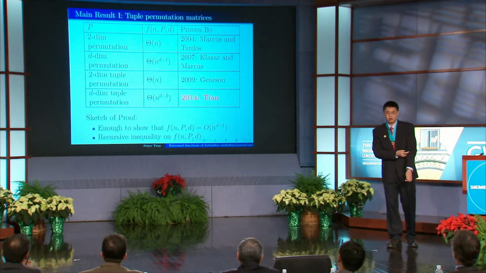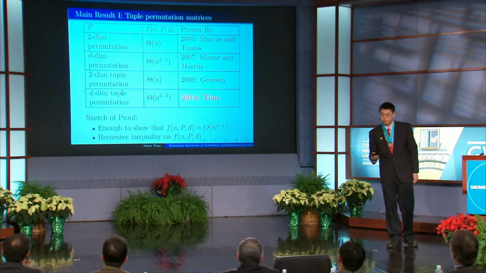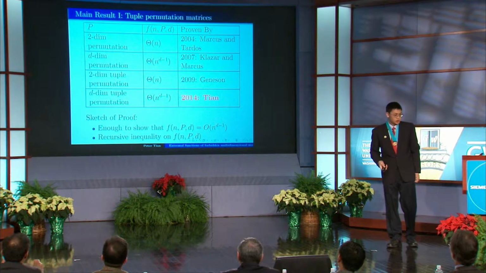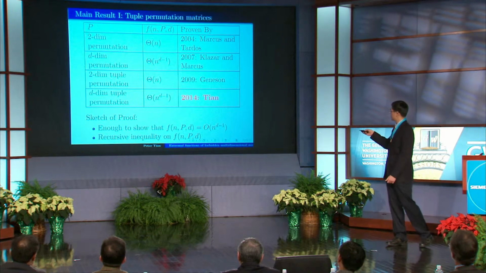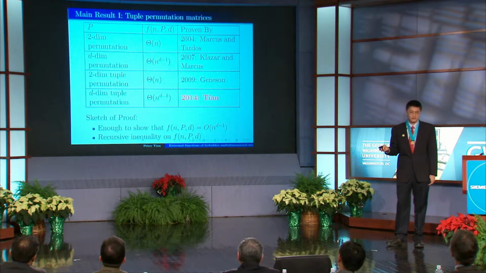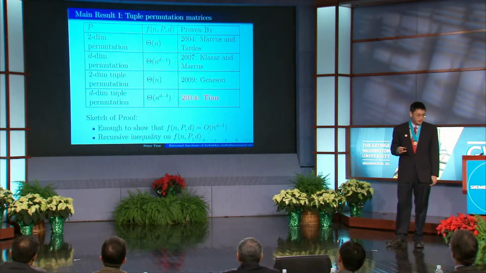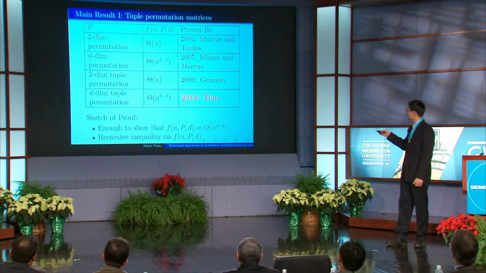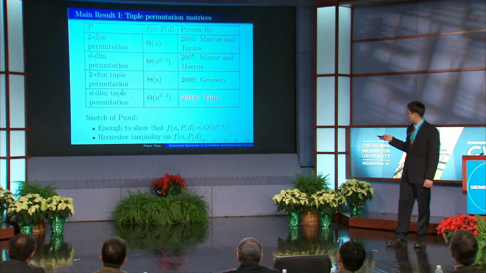So my first main result is about a tight bound for tuple permutation matrices. So a tight bound, denoted by the big thetas shown here, just means the lower and upper bounds have the same order. So previously, tight linear bounds were found for two-dimensional permutations and two-dimensional tuple permutation matrices. And a tight bound n to the d minus 1 was found for d-dimensional permutation matrices.